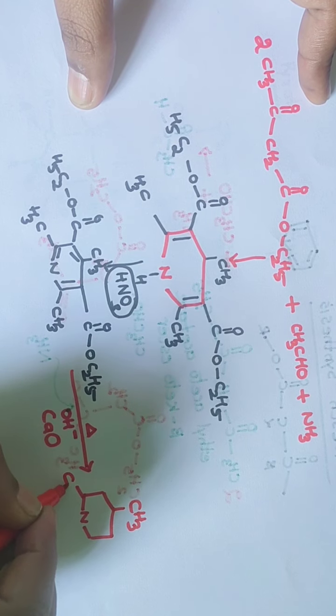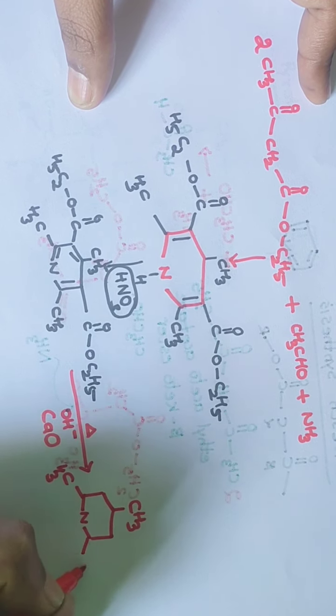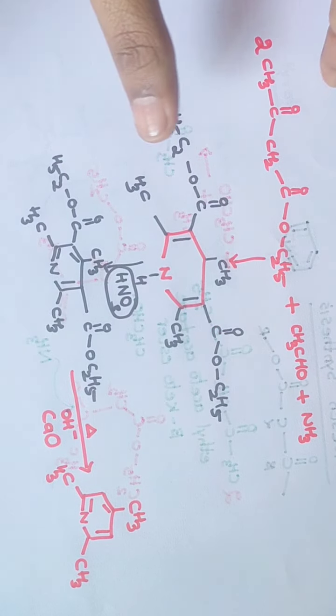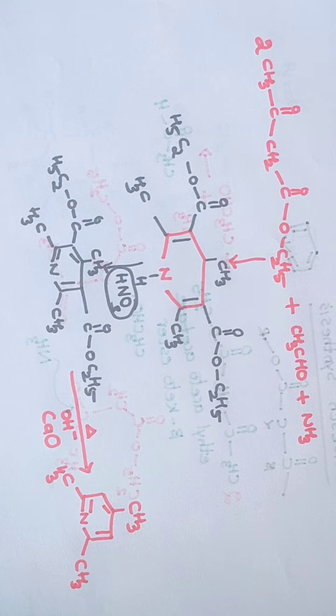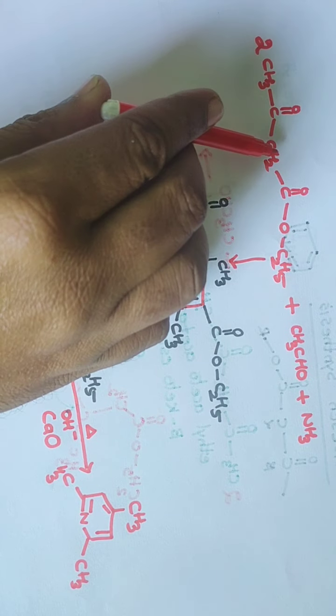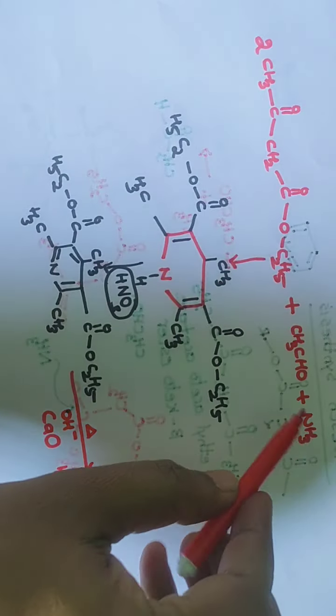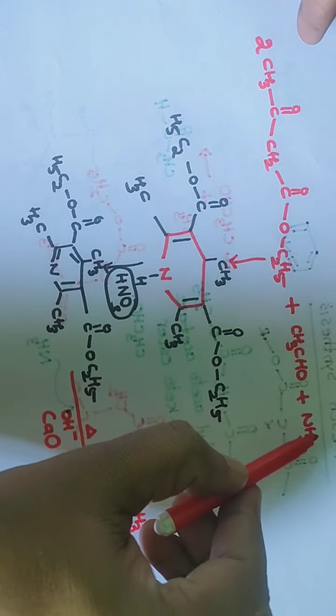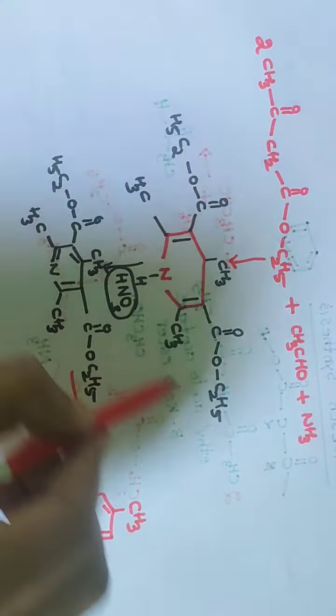CH3, CH3, CH3. This is 2,4,6 trimethyl pyridine that you are going to get. Okay, see students, this is what you should remember. Two molecules of ethyl acetate, one ammonia molecule and one acetaldehyde molecule undergo condensation to form a pyridine compound.